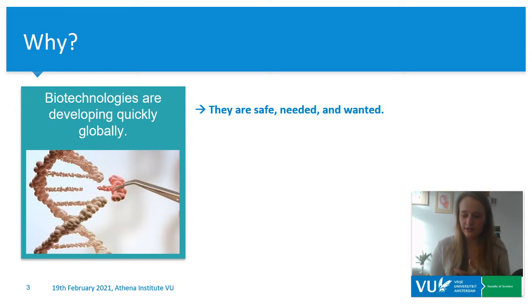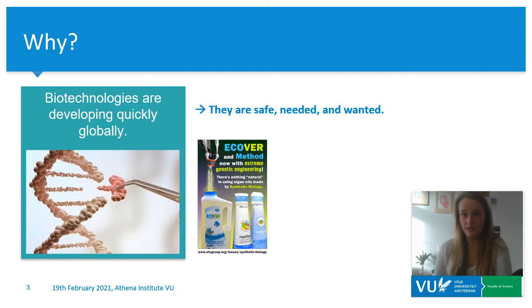If you look at a lot of examples of biotechnologies that are at the verge of being introduced or have been introduced, for instance Ecover, a company who wanted to replace palm oil in their detergent products by using oils made by synthetically modified algae, they were met with major public criticism, and in the end they needed to decide to return to palm oil products.